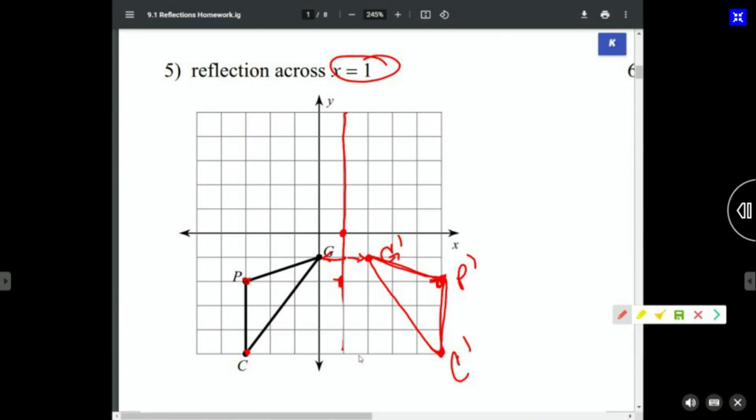C prime. It looks off because we had to shift our y-axis over 1. This is our fold line on our paper right here. You always want to make sure that you could fold that paper on that line, and this shape should cover that shape exactly.